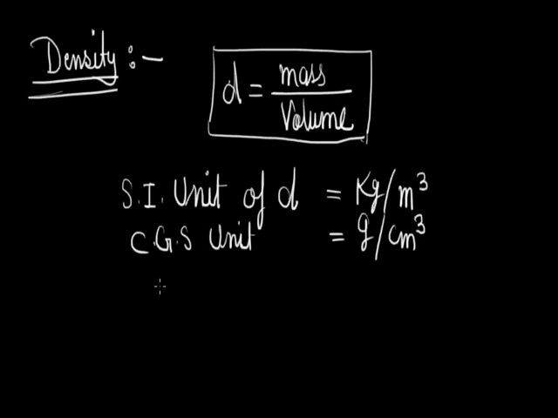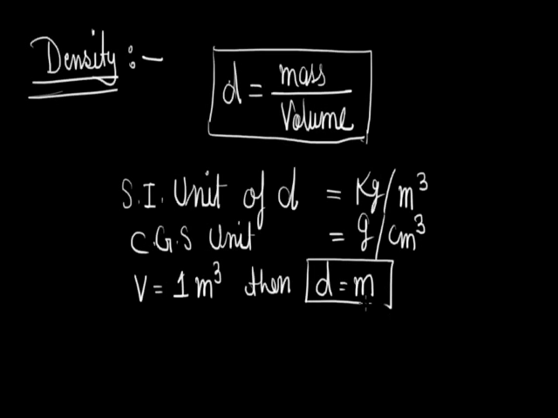If in this formula we take volume V equals 1 meter cube, then we get density D equals mass M. So we can say the mass per unit volume is known as the density of the material of the object.